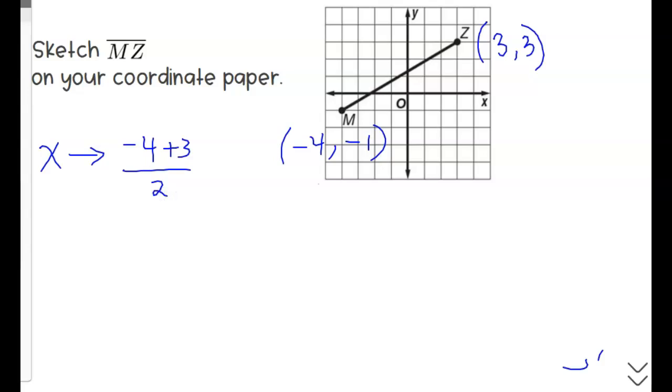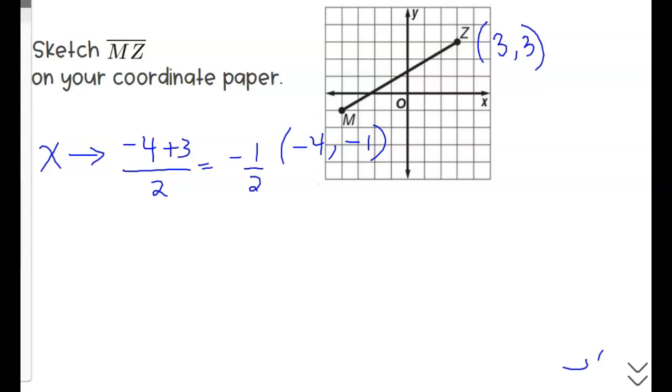Alright, good. That will give you the halfway point of the x value. Is that still good? You know what we're doing? Yep. We'll find the middle of the x value on the x-axis. So, what does that simplify to? Maybe 1/2. Okay.